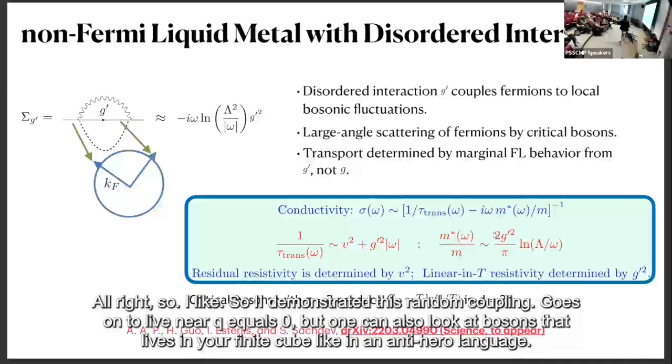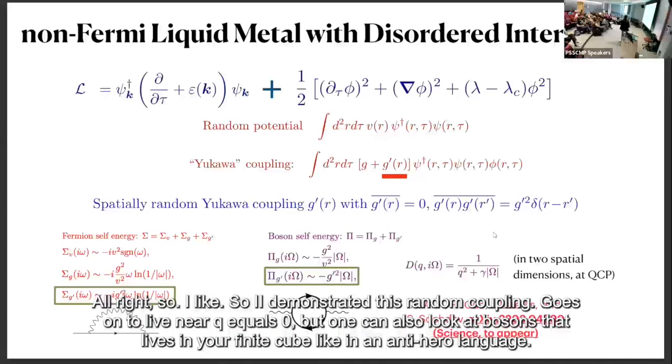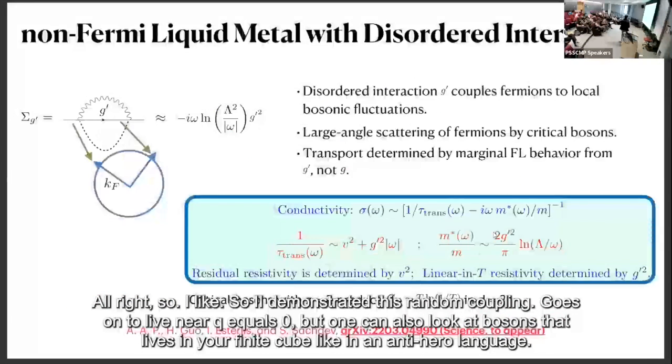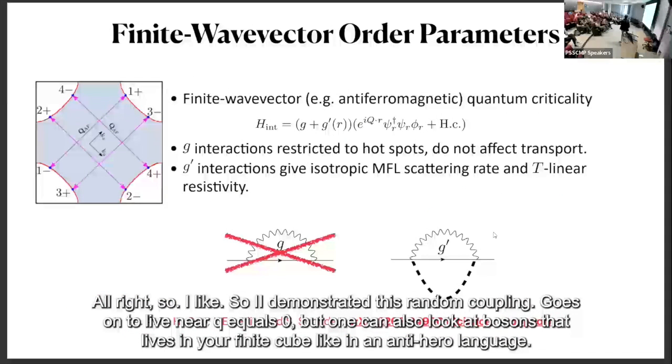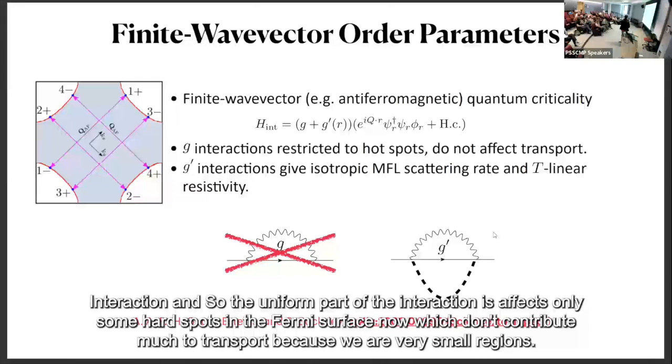I demonstrated this random coupling mechanism for bosons that live near Q equals 0, but one can also look at bosons that live near finite Q, like in an antiferromagnetic interaction. And so the uniform part of the interaction now affects only some hotspots on the Fermi surface, which don't contribute much to transport because they're very small regions.